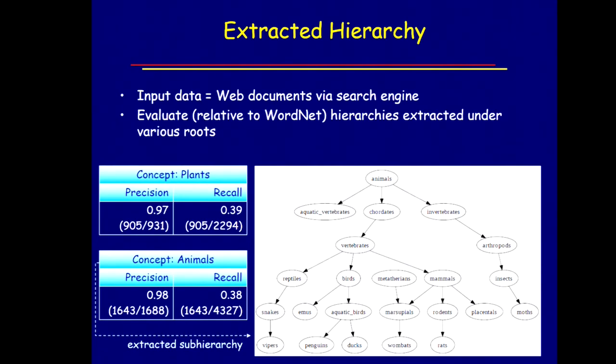They are synsets somewhere, and you identify the synset manually, and those synsets in WordNet have a bunch of subconcepts underneath. So you can use the hierarchy in WordNet under plants and under animals as the gold standard for this task. And then you can evaluate how well their method does the task of reconstructing this taxonomy or portion of hierarchy already available in WordNet under plants and animals, respectively.